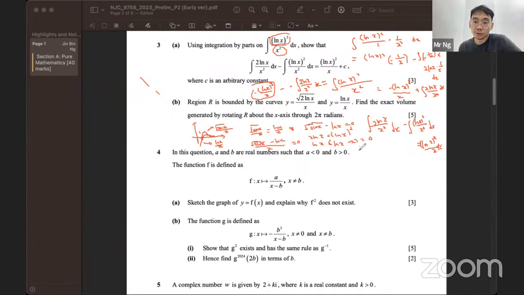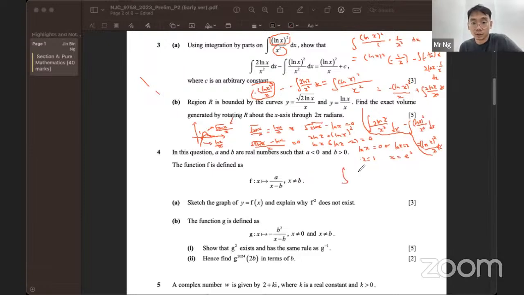So ln x equals 0, or ln x equals 2. So x equals e to the power 0, which is 1, or x equals e to the power of 2. Okay, so based on the calculator, this graph is above.